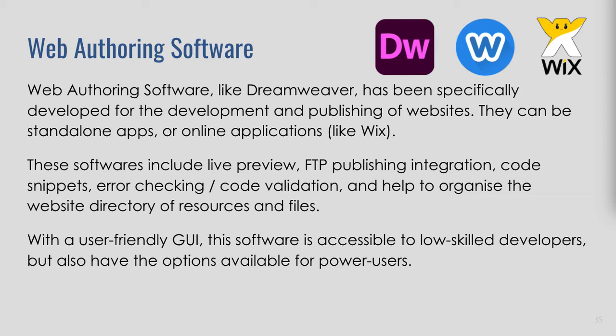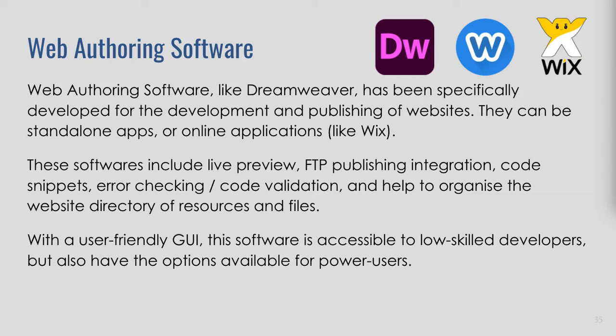These software types include live preview features, FTP publishing integration, code snippeting, error checking, code validation. They usually have some pre-built code that you can drag and drop in. They help you organize your website's files, e.g. the directory, and they usually have a user-friendly GUI, graphical user interface.